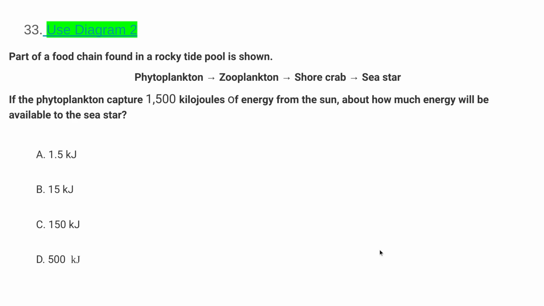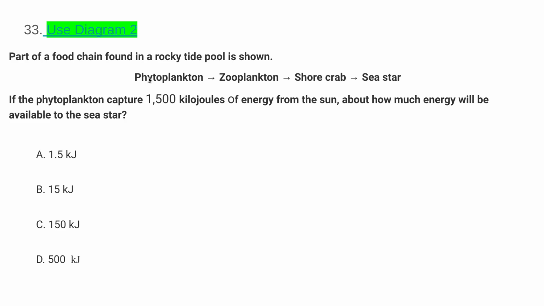Part of a food chain found in a rocky tide pool is shown. Phytoplankton is eaten by zooplankton, is eaten by shore crab, is eaten by sea star. If the phytoplankton captures 1,500 kilojoules of energy from the sun, about how much energy will be available to the sea star?